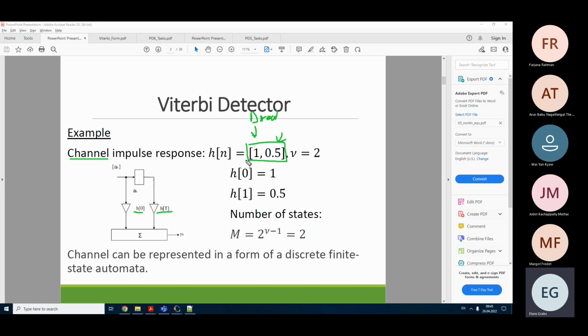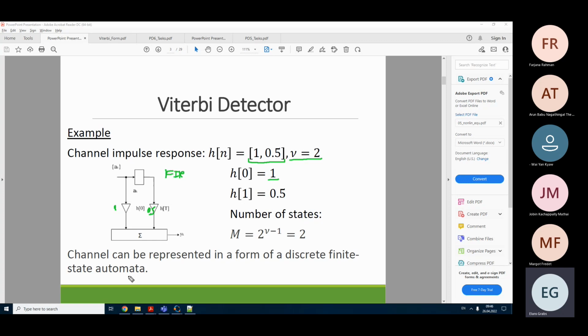So we can say that this impulse response has in total two values. This is the length of the impulse response, so the effect of memory for our channel, and accordingly the values of these filter coefficients are 1 and 0.5. This is a finite impulse response filter.